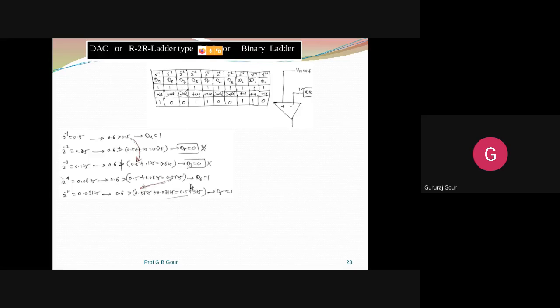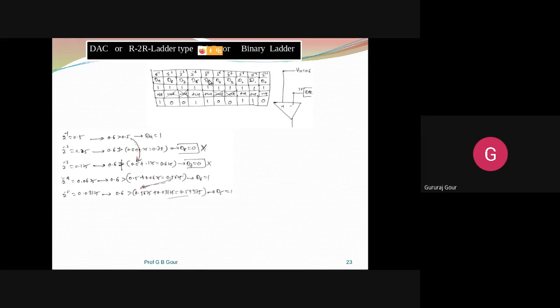Then after setting D6 to 1, go for the next position, D5. D5 means the fifth time we have to divide by 2. 1, 2, 3, 4 and 5. So it is the fifth time I am dividing by 2: 1 by 2, 1 by 2, 1 by 2, 1 by 2 and 1 by 2.